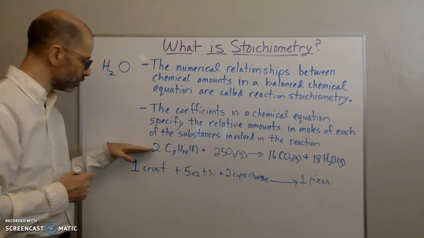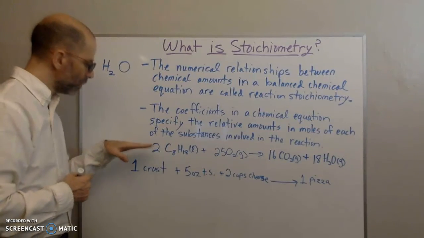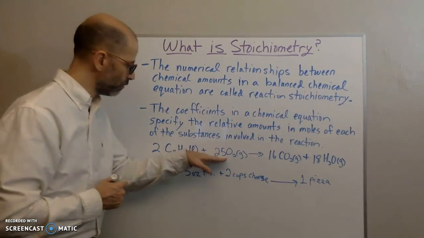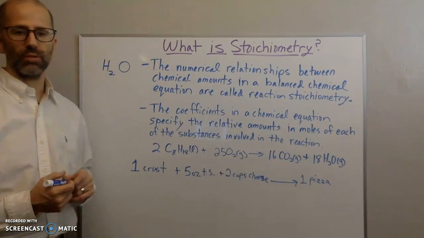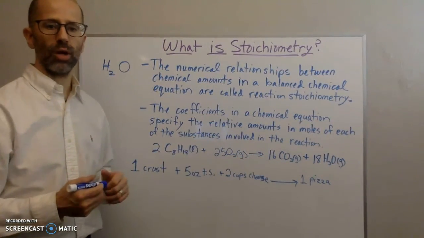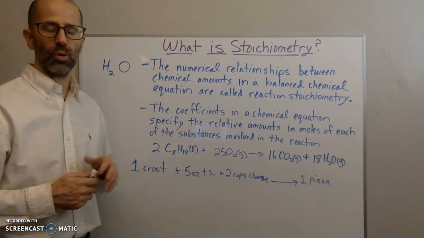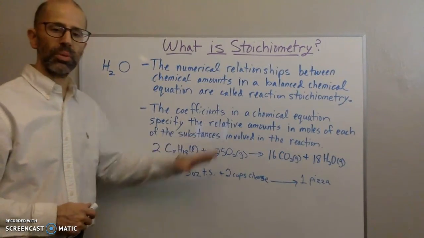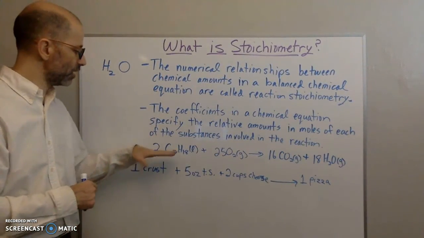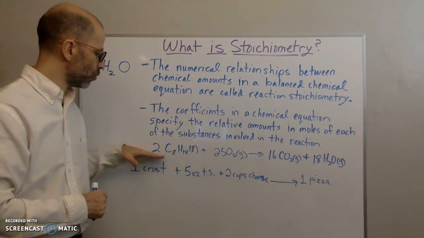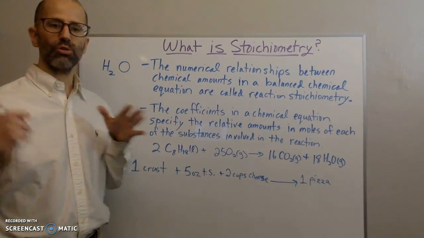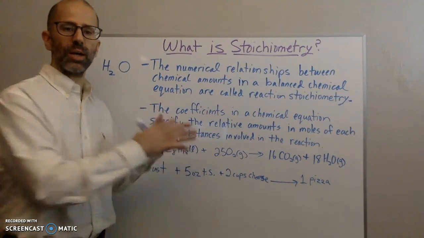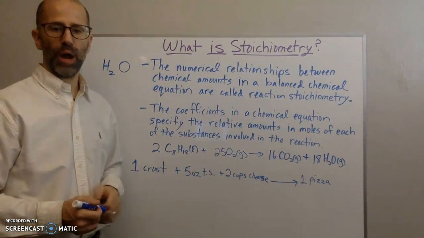So 2 moles of my octane will react with 25 moles of oxygen to give me 16 moles of carbon dioxide and 18 moles of water. And that ratio will always hold. So this is what we mean by stoichiometry, using the relationships, the relative amounts of reactants and products to convert from one substance to another in a given problem.